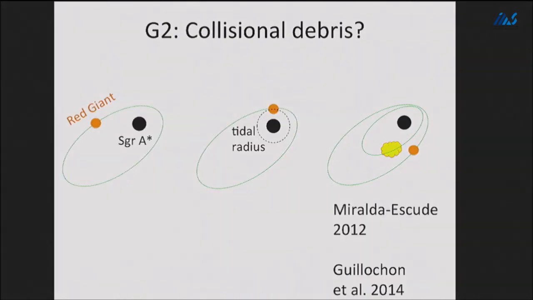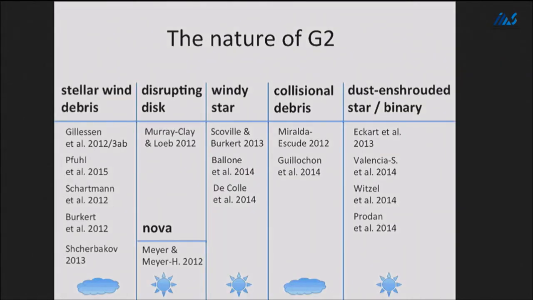Well, is any of them ruled out by now? Well, I think the nova idea is sort of the one which has been least followed up. I think all the others are hard to rule out. I think in the Murray-Clay paper the rate calculation is somewhat biased towards making it possible.